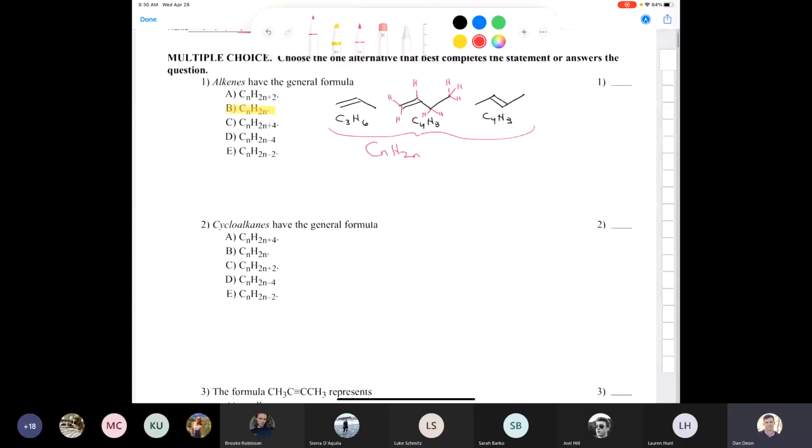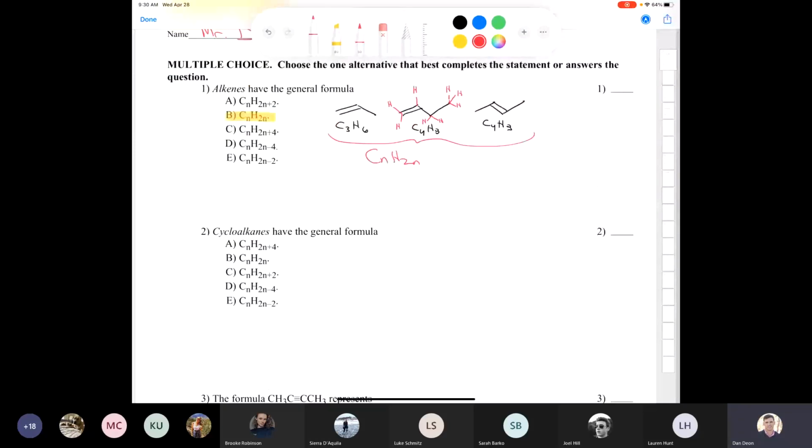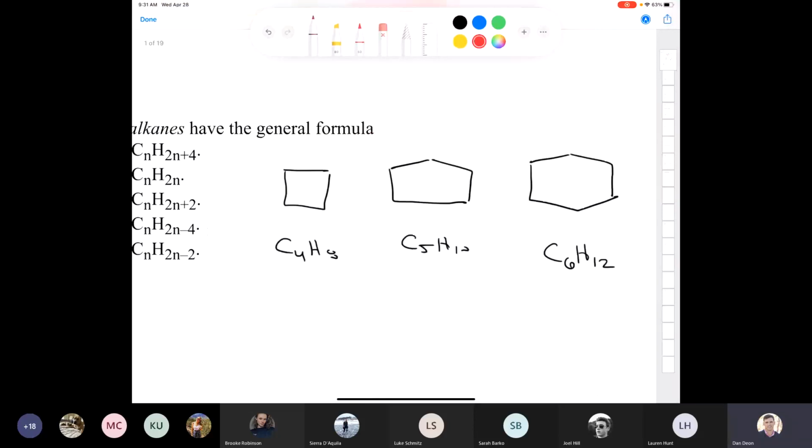What about a cycloalkane? So it says cycloalkanes have the general formula. If I draw a cycloalkane, whether it's cyclobutane or cyclopentane or cyclohexane, you can see that if I have 4 carbons, I have C4H8. If I have C5, I have H10. And if I have C6, I have H12, right? The reason why is because each one of the CH2s has, of course, 2 hydrogens attached to it.